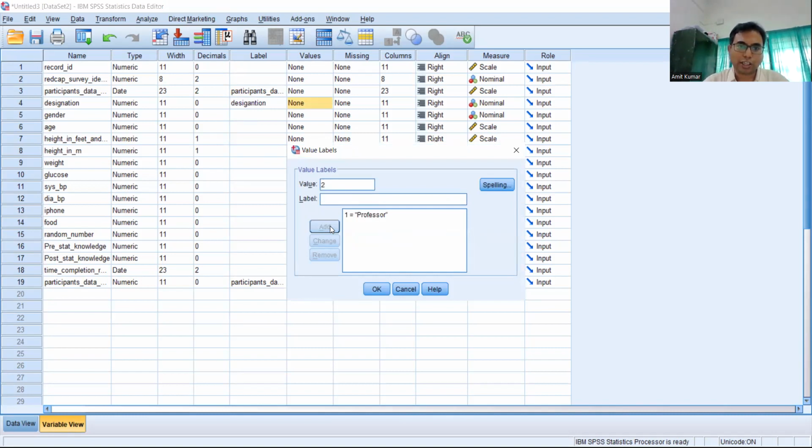Again, code 2 I have given for the associate professor, so I will write associate. Code 3 I had given for the assistant professor, so I am writing assistant.